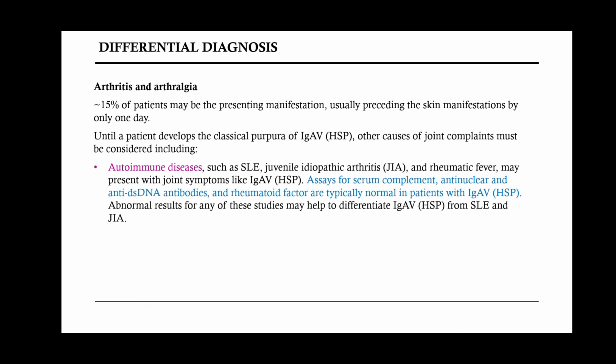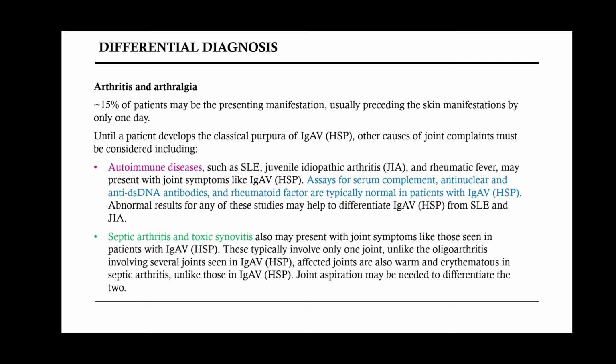Assays for serum complement, anti-nuclear, and anti-dsDNA antibodies and rheumatoid factor are typically normal in patients with IgA vasculitis HSP. Abnormal results for any of these studies may help to differentiate IgA vasculitis from SLE and JIA. Septic arthritis and toxic synovitis also may present with joint symptoms, like those seen in patients with IgA vasculitis HSP.